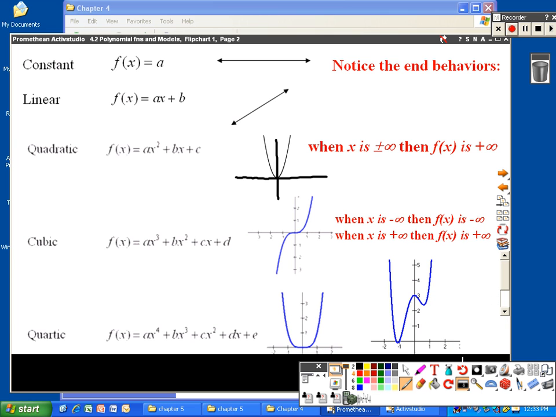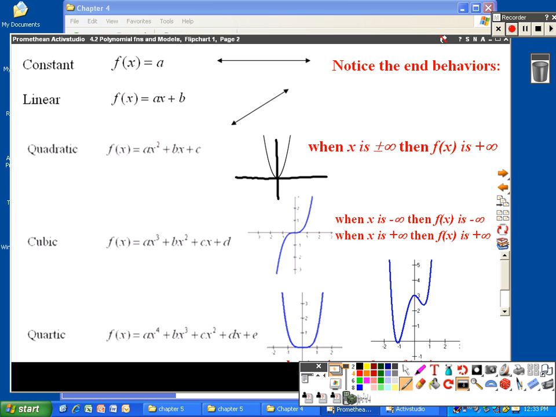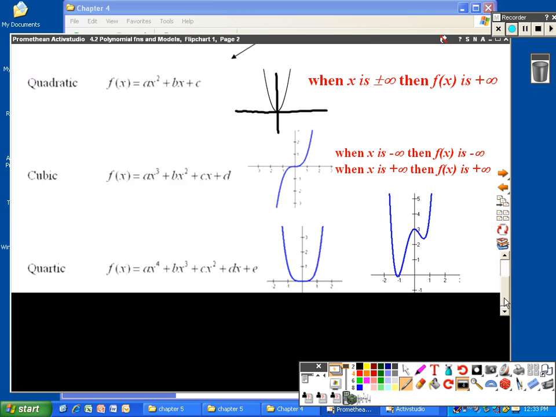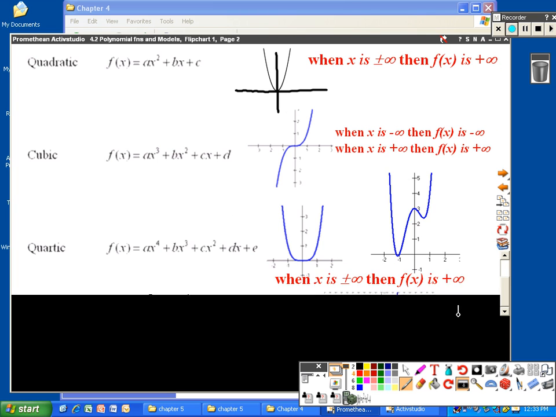So in a quartic function, f of x equals ax to the fourth plus bx cubed plus cx squared plus dx plus e. And it is similar to a parabola. It is just flattened out a little more on the bottom, or it can make this W form.